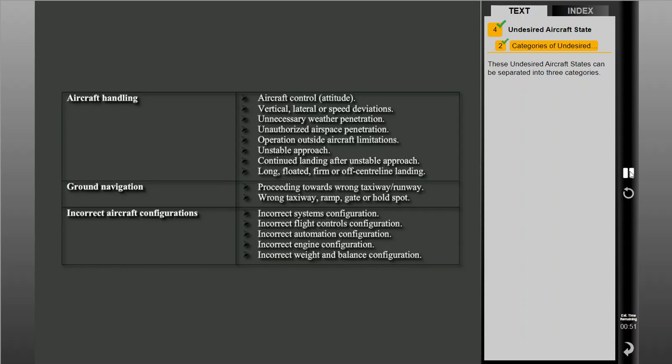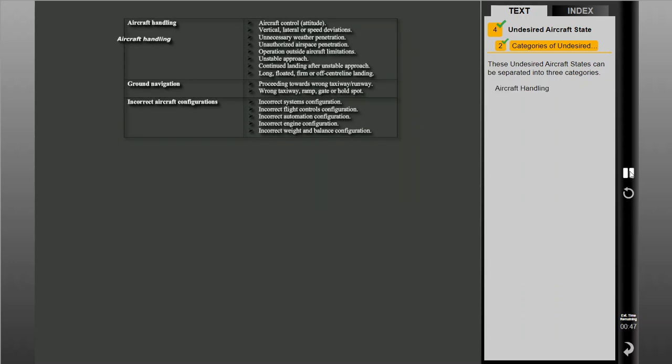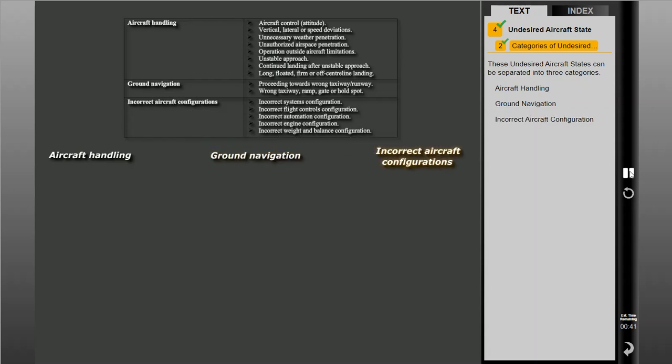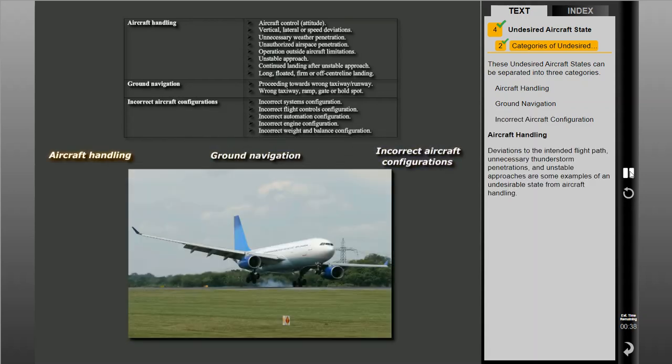These undesired aircraft states can be separated into three categories: aircraft handling, ground navigation, and incorrect aircraft configuration. Deviations to the intended flight path, unnecessary thunderstorm penetrations, and unstable approaches are some examples of an undesirable state from aircraft handling.